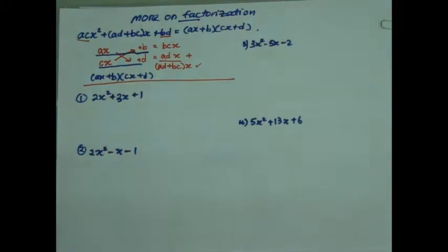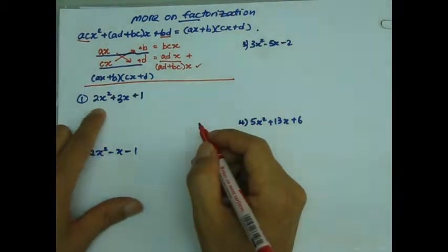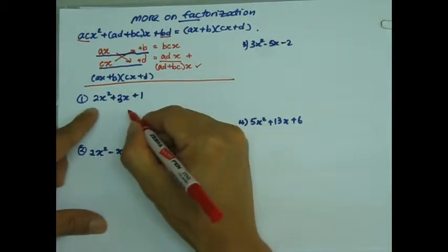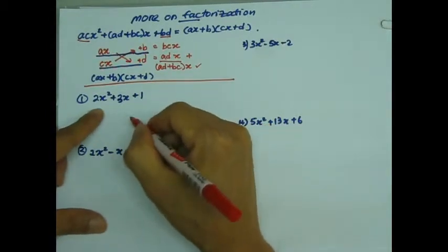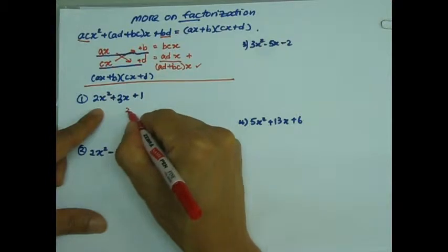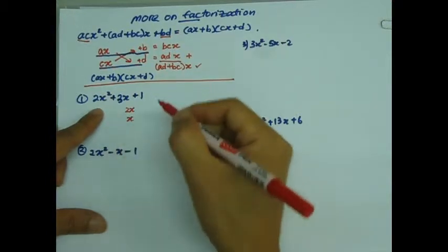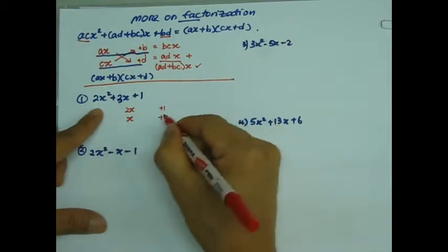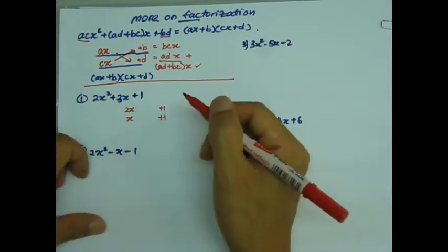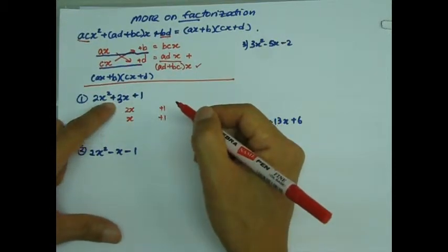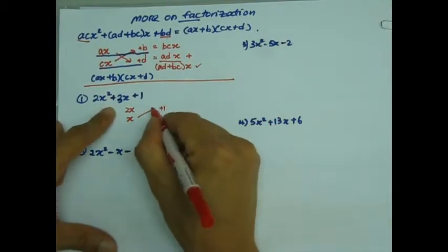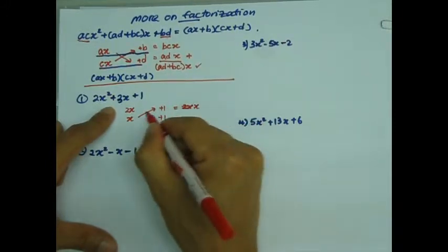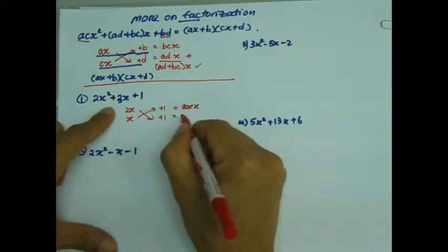Okay, let's practice this with this example: 2x squared plus 3x plus 1. First, I'm going to write 2x squared as a multiple of 2 terms in a column form. I can try 2x and x. 1 is easy, so it's plus 1 and plus 1, because the coefficient of x is plus. Then I cross multiply. That gives me x, and this cross multiply gives me 2x.